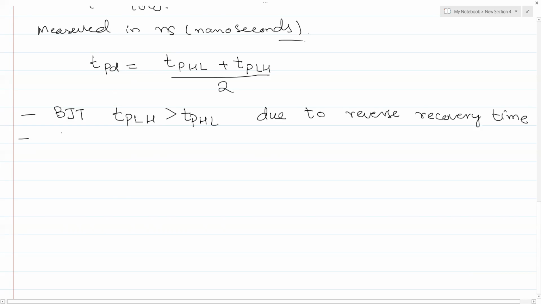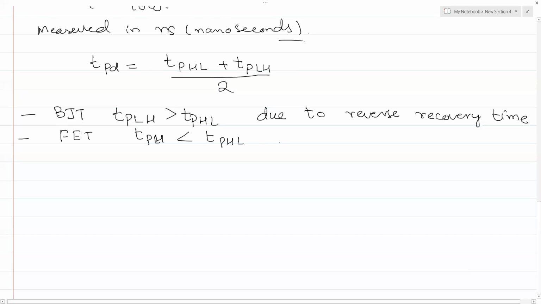Similarly, in the other case, we have TPLH less than TPHL. That means TPHL is greater compared to TPLH.